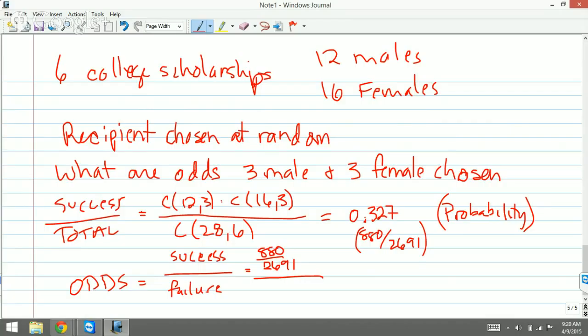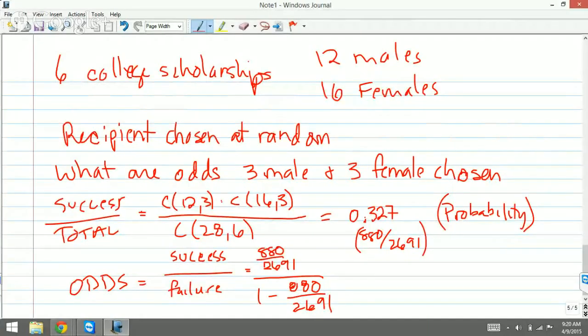Okay. What you have, though, both the success and the failure have to add up to 1, right? 100%? Because one of them has to happen. So what you can do is you have your success.